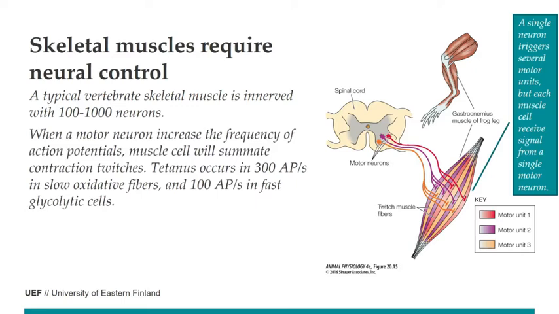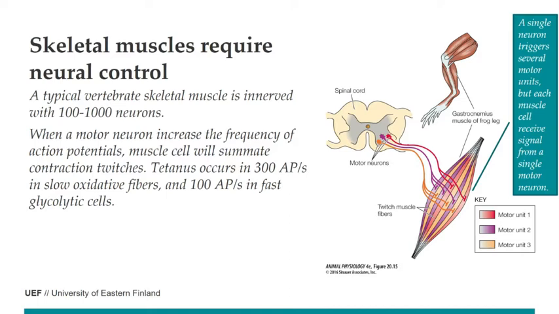And if there is a high enough frequency, we can get this tetanic contraction, so fully contracted cells, and this gives a much higher, several-fold higher force in a cell.